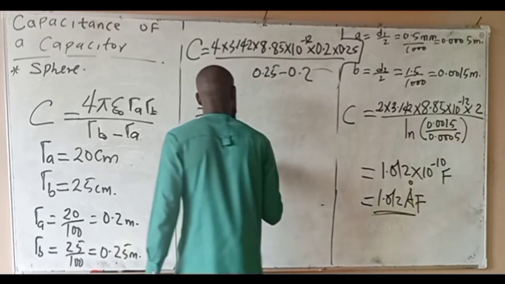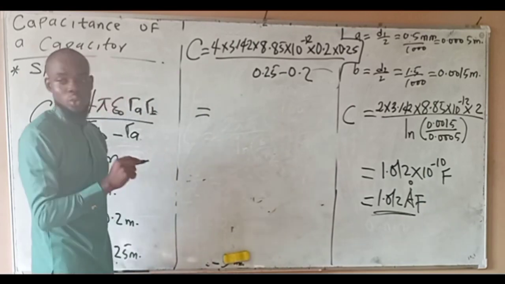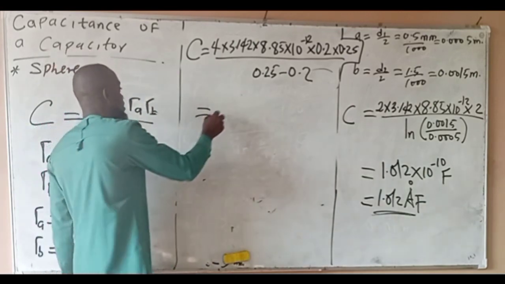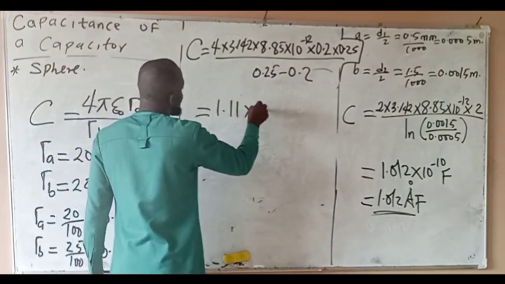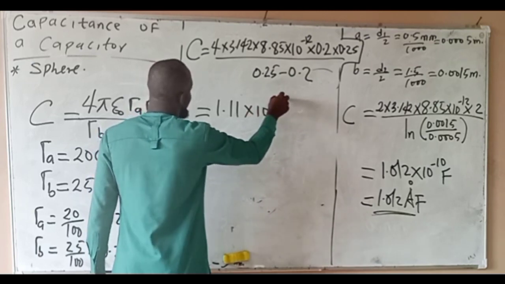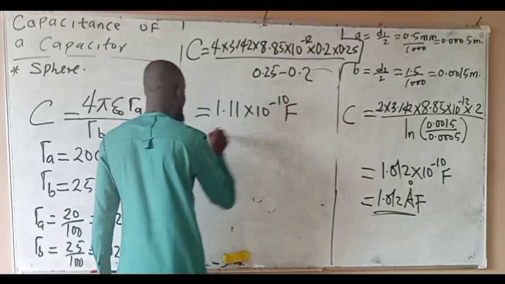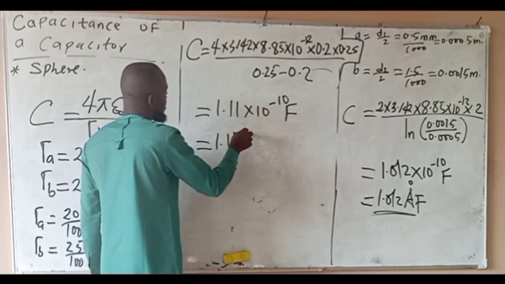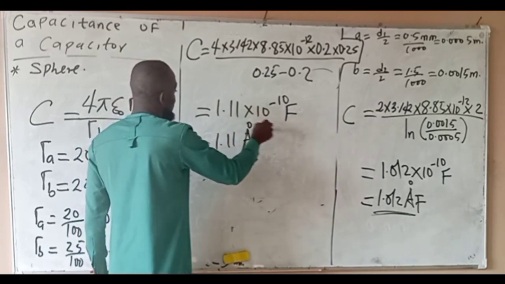So if you solve this very well with your calculator, you are going to have 1.11 times 10 to the power minus 10 farad.